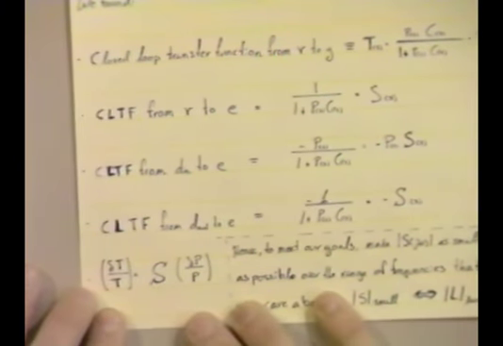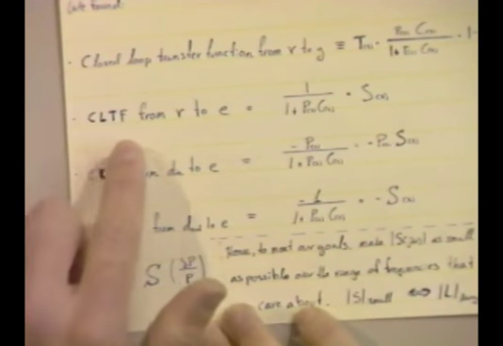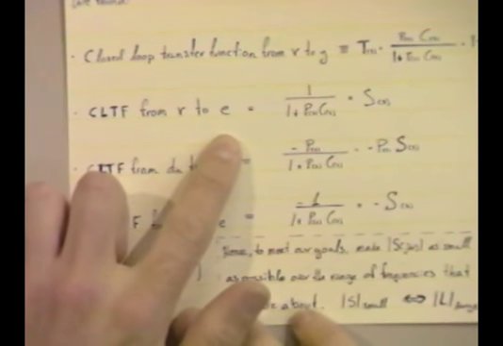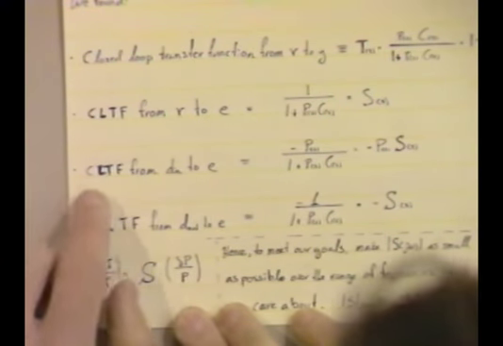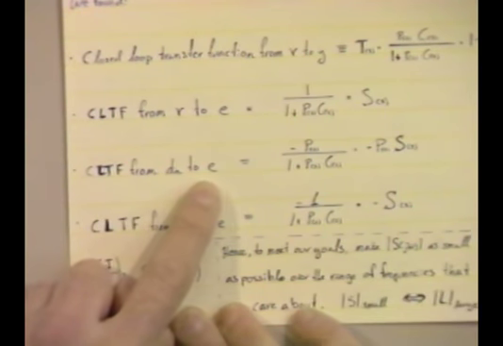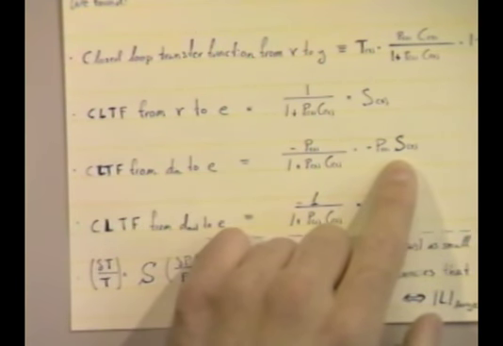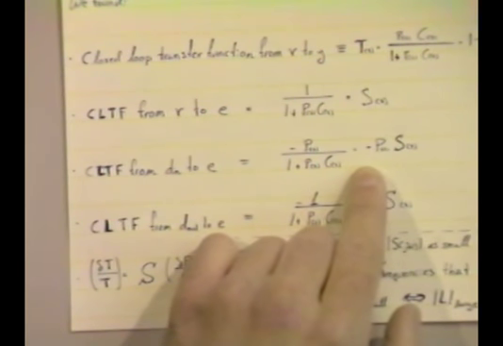Okay. Similarly, the closed loop transfer function, this is what this abbreviation means, from input to the error is given exactly by the sensitivity. And the closed loop transfer function from the input disturbance to the error is given by the product of the sensitivity with the plant transfer function and the minus sign.